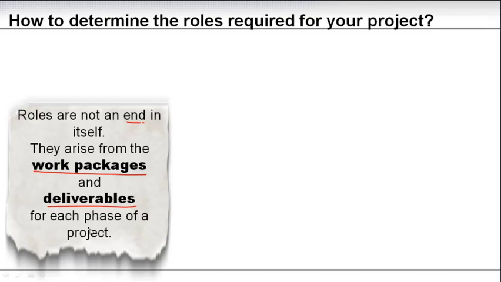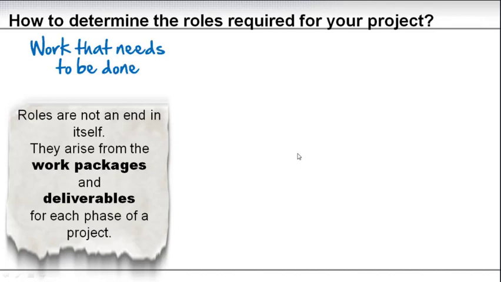As you remember the chart earlier on with the cost and the staffing level, in the beginning you have few staff. The team is then built up to a peak during business blueprint realization, and then you go into the final preparation and go live, whereas you scale down the team again. So the project roles evolve over the phases of the project. What you need in the beginning, you might not need in the end.